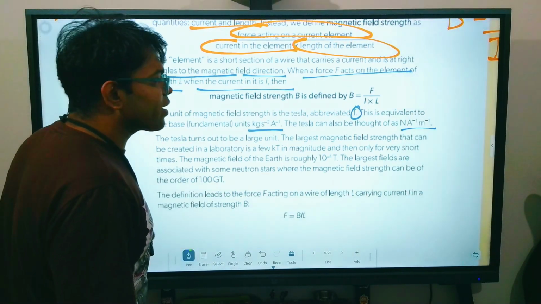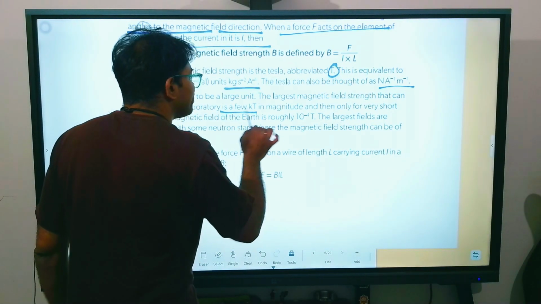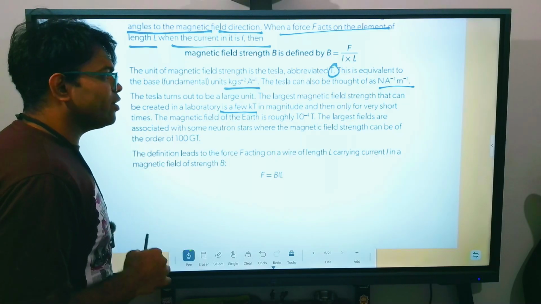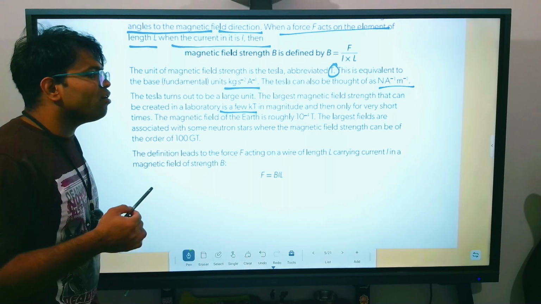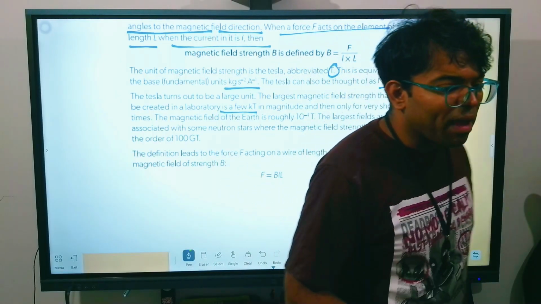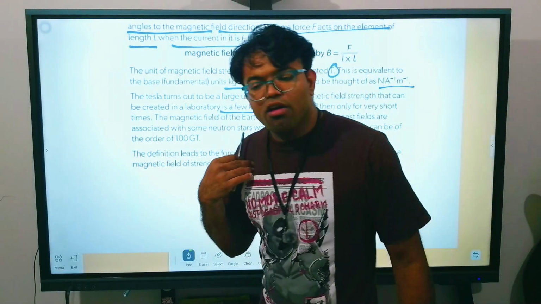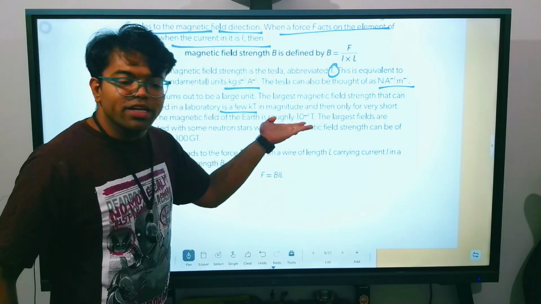The largest magnetic field that can be created in a laboratory is a few kiloteslas in magnitude, and that only for a very short time. The magnetic field of the earth is roughly 10 to the power minus 4 teslas. The magnetic field that is protecting us from the ionic rays coming from the sun is only 10 to the power minus 4 teslas.